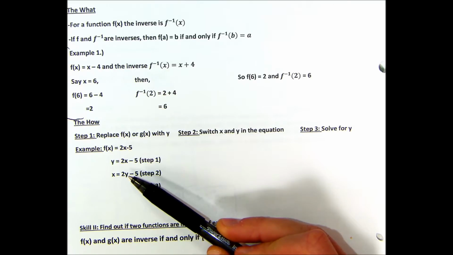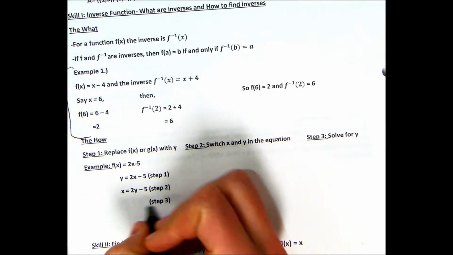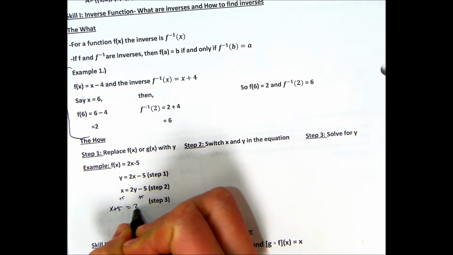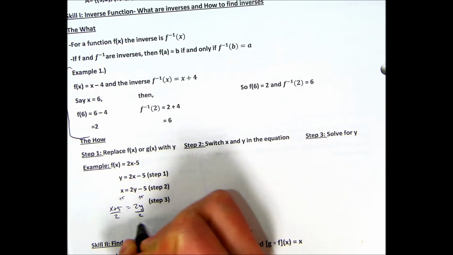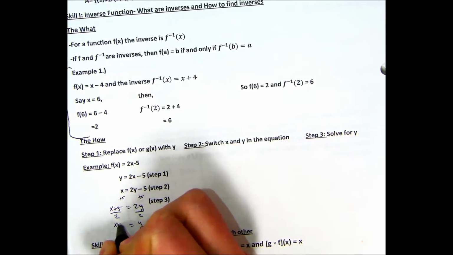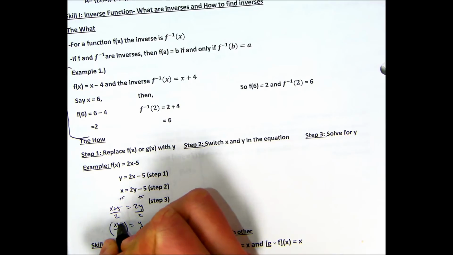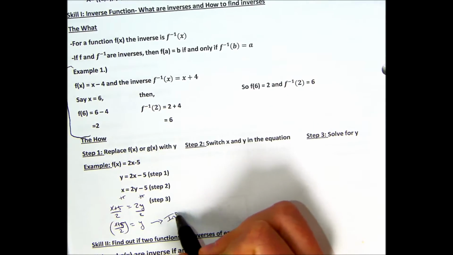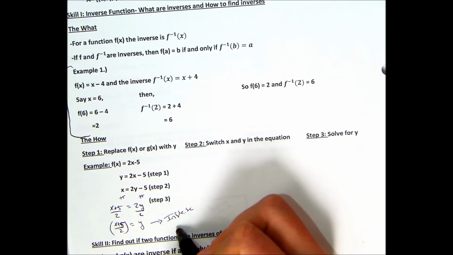So we add 5 on both sides. We get x plus 5 equals 2y. Divide by 2, and I get y equals x plus 5, all divided by 2. So this is the inverse function right there.